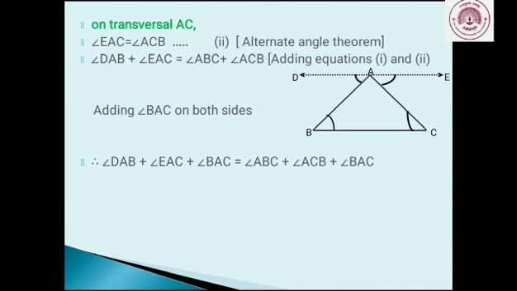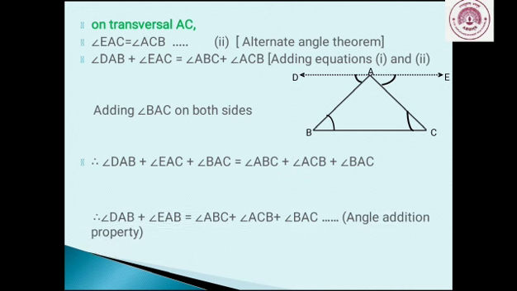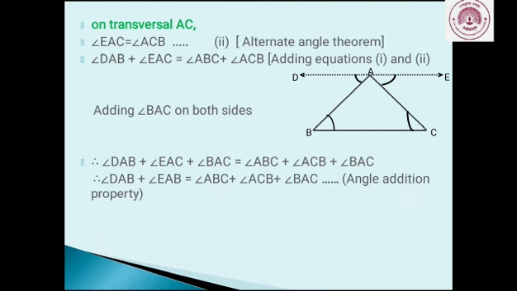See the figure. The sum of angle EAC and angle BAC is equal to angle EAB by the angle addition property.